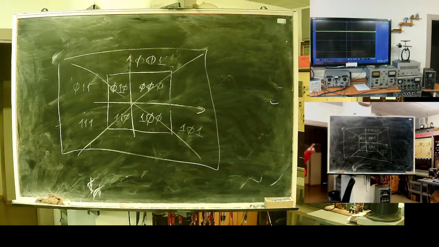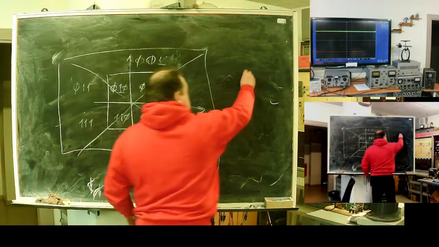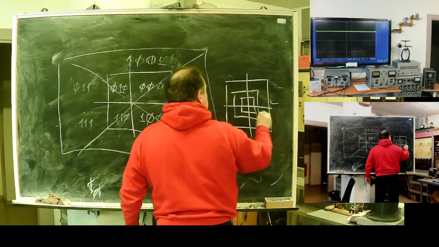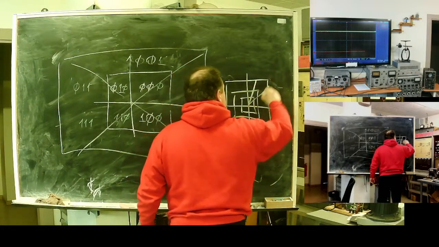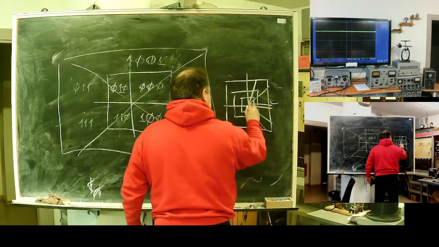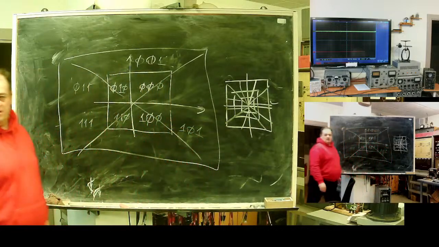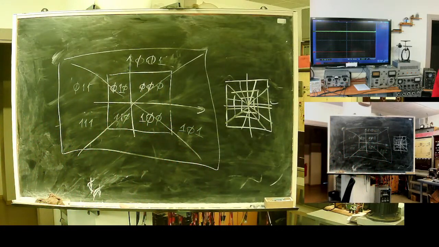It's better to use angular gradation than amplitude, but you can easily use a zonal structure like this, and you can transfer. QAM 64 is nothing special. 64 points, 8 by 8.